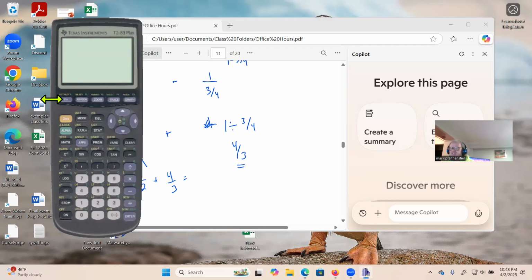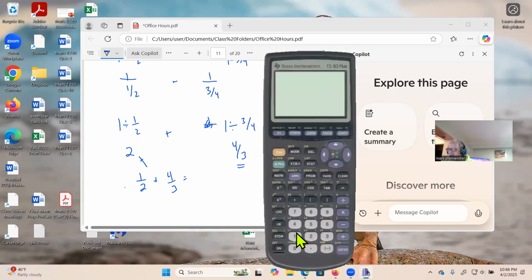I'm going to say it this way. Where is my math button? Fraction 1 half, plus 4, fraction button. Where did my math button go? Shoot, now I've completely lost it.